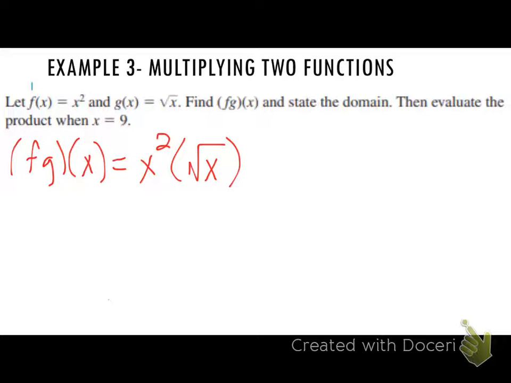Anyone have any ideas on how I can multiply these two things? Not quite. Is there another way I can write the square root of x without the radical?